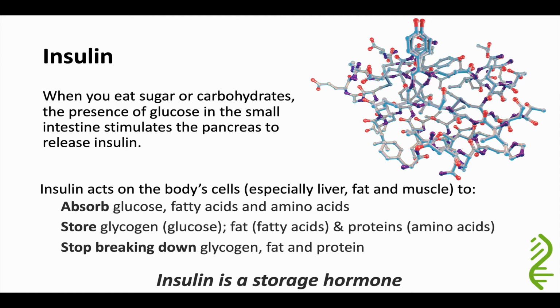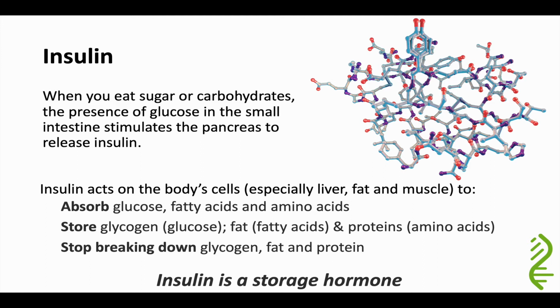The pancreas wants to keep the blood sugar very tightly controlled, because remember, glucose at too high a level is toxic. So insulin is going to act on the body cells, especially the key ones that we've gone through in the introduction, the liver, fat, and muscle, to help absorb glucose, but it also drives the absorption of fatty acids and amino acids.